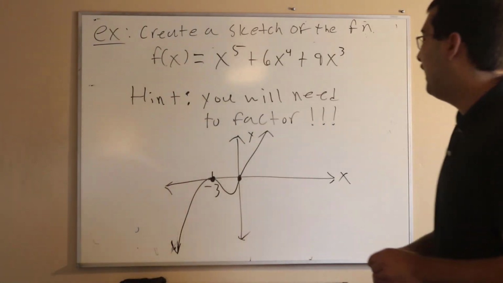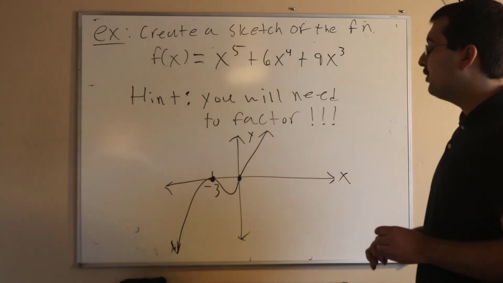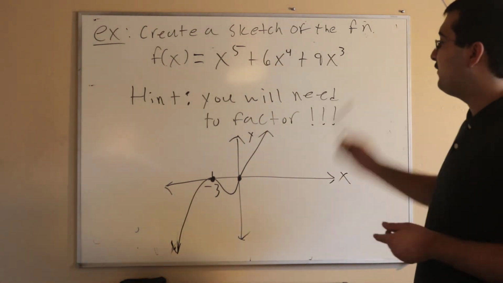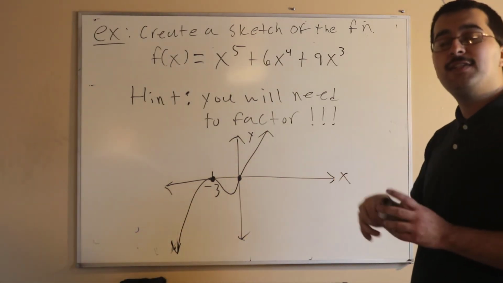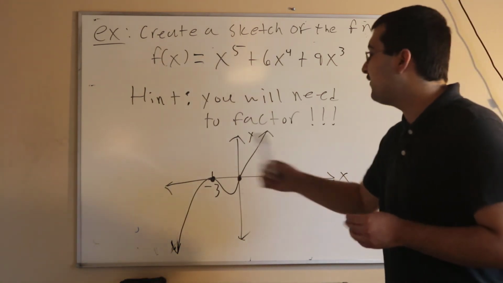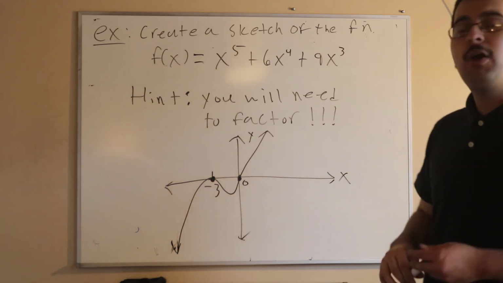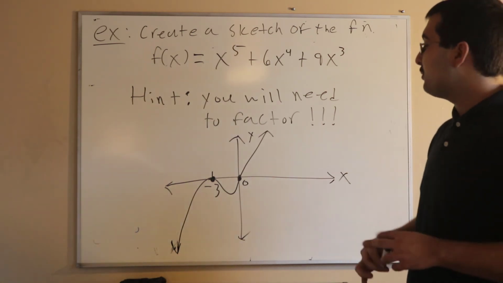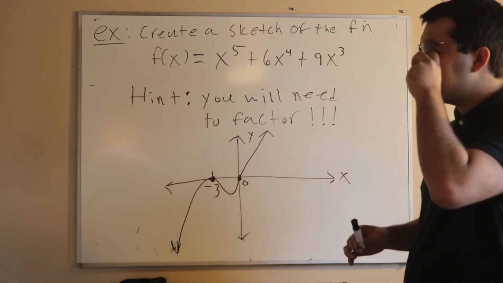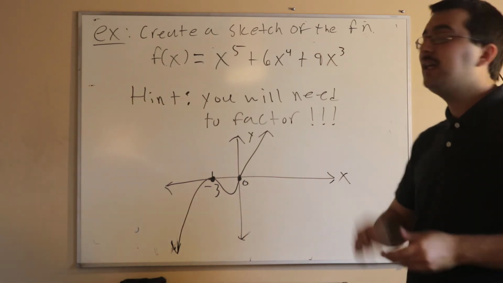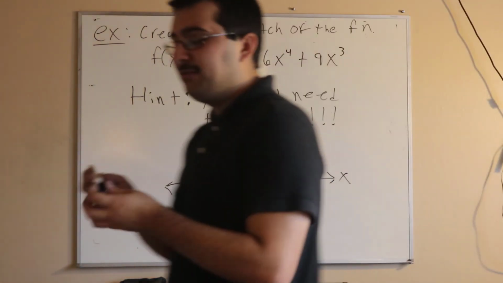I have an odd degree function which is falling on the left, rising on the right. It has two zeros: a zero at -3 and a zero at 0. The zero at -3 has even multiplicity, and the zero at x equals 0 has odd multiplicity. So this was the graph I created.